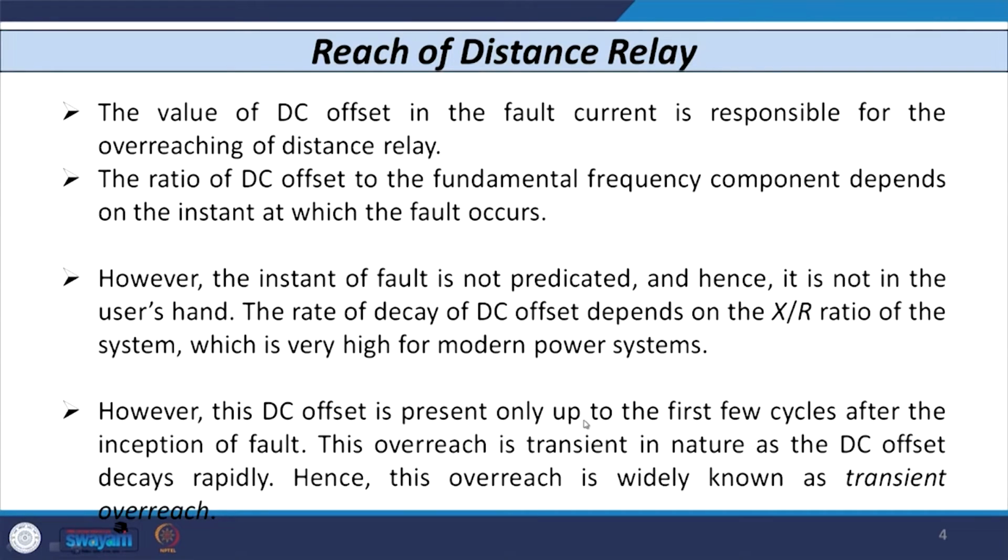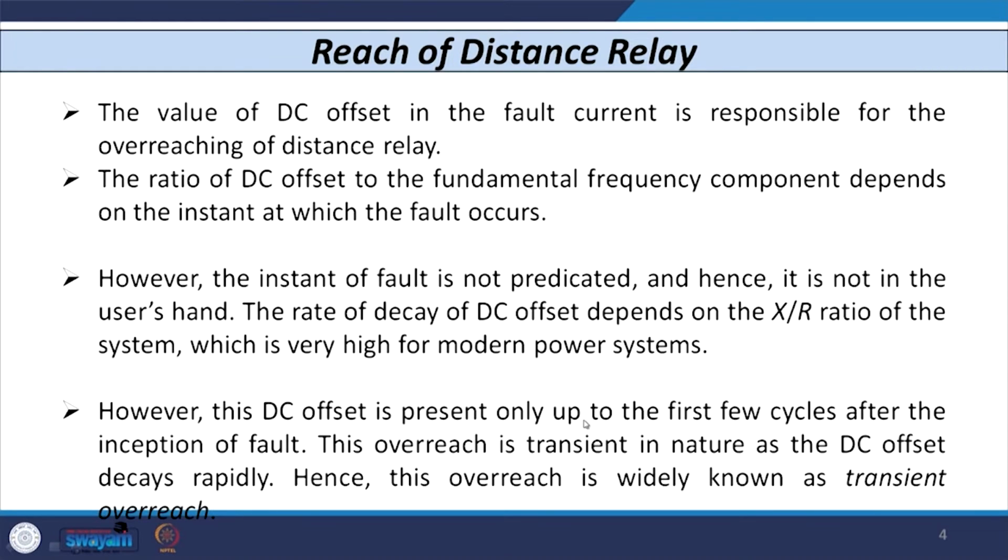However, the instant of fault we cannot predict, so it is not in the user's hand. The rate at which the DC offset decays depends on the X by R ratio of the system, and for a modern system the X by R ratio is very high.